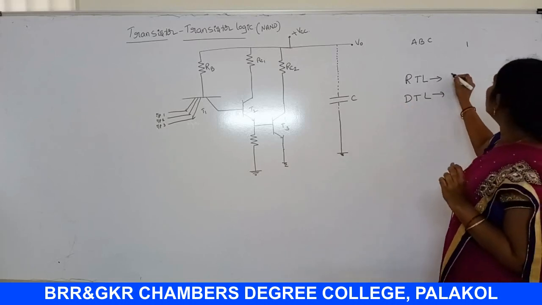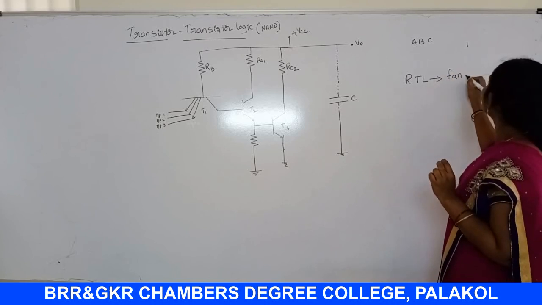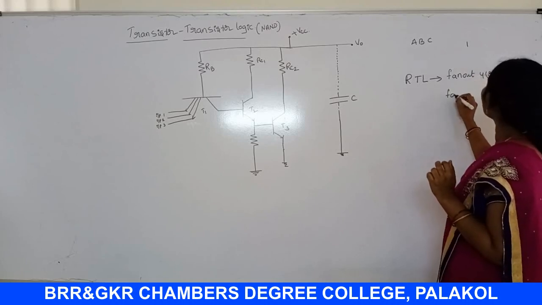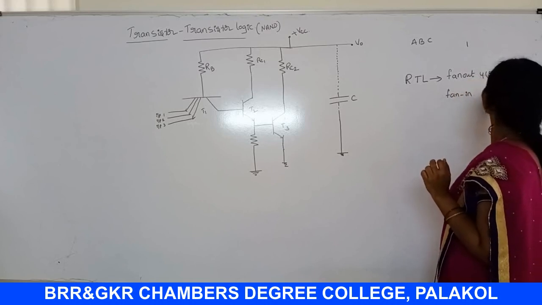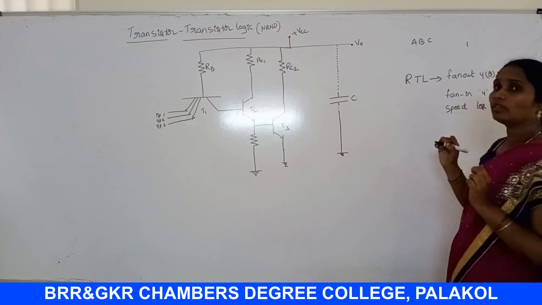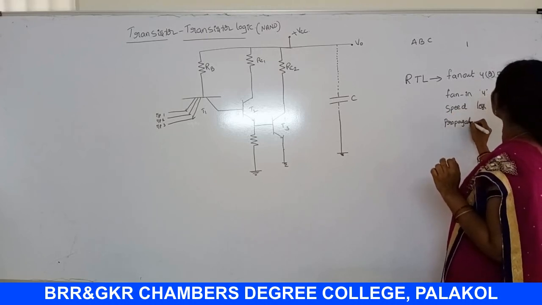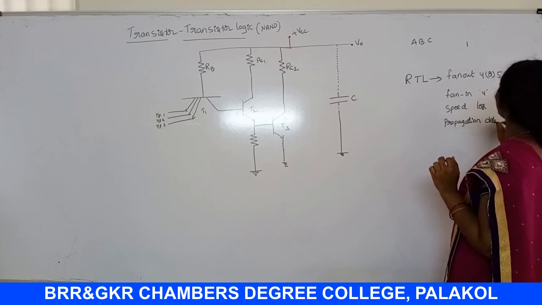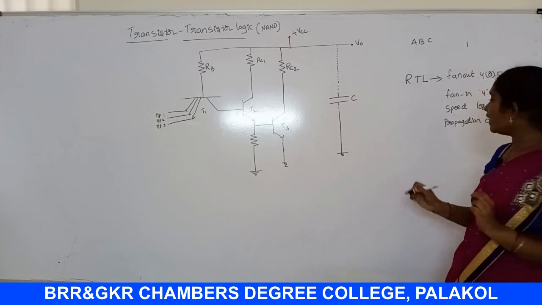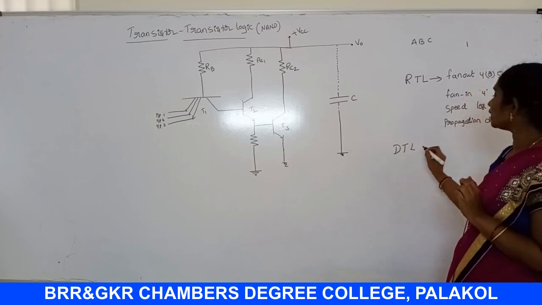The drawbacks of this RTL are that the fan out is 4 or 5, the fan in is 4, the speed is less, and the propagation delay is more. These drawbacks are eliminated by using the DTL logic, that is, diode transistor logic.